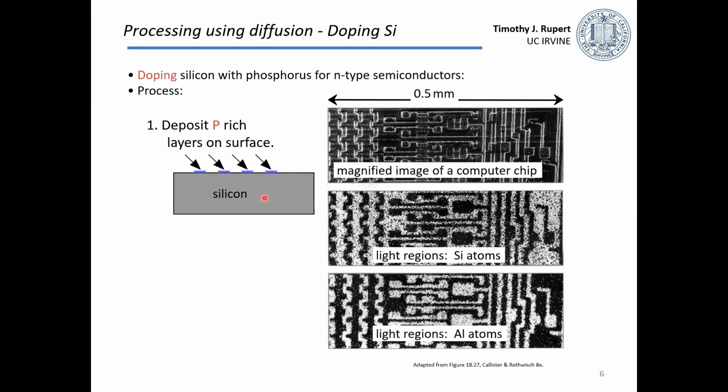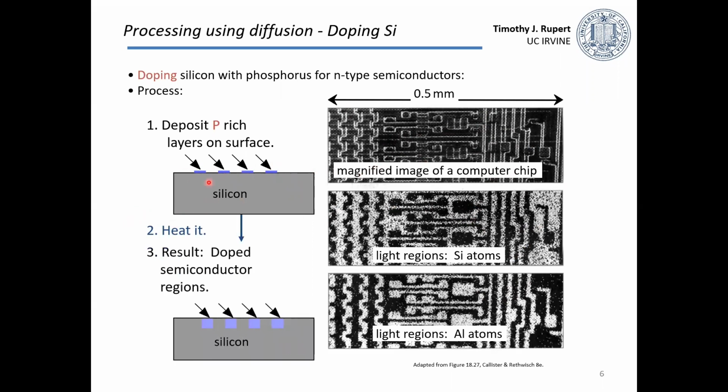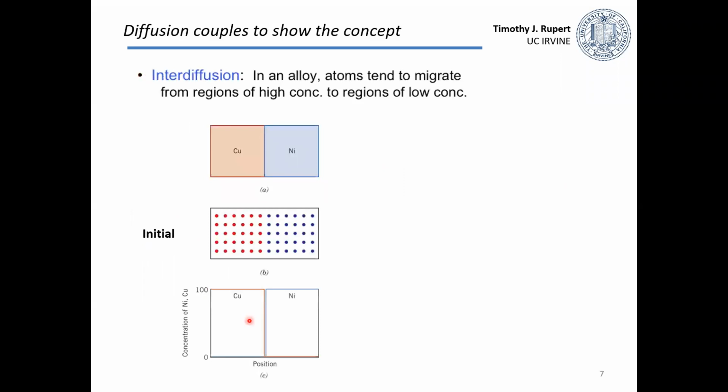We're showing a 2D slice here, but it might be some more complex device structure, as the figure on the right is showing in the top-down view. You go and you heat this sample, and then what happens is what was originally on the surface diffuses into your material, and then now you have these regions beneath the surface which are doped with the phosphorus, and it changes their properties.